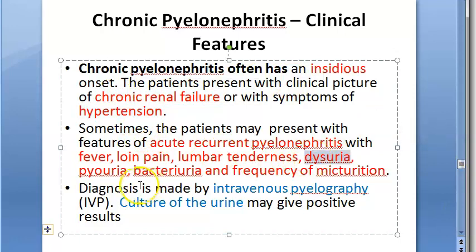He can have dysuria, pyuria, bacteriuria. Did I say? Yeah, this is pyuria, right? Pus in urine. Frequency of micturition will be increased. Lumbar tenderness, loin pain, fever. All these are seen in acute recurrent pyelonephritis. The diagnosis you can make with intravenous pyelography, culture of urine.